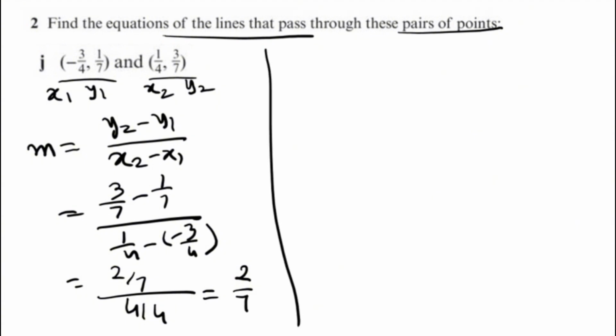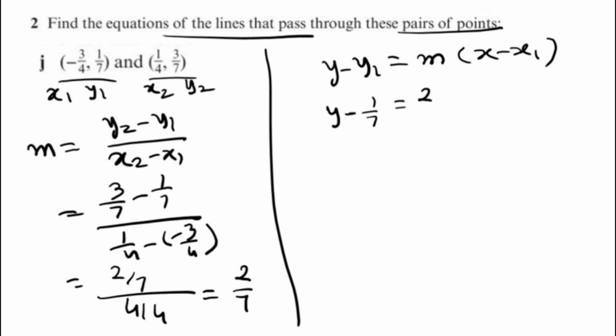So this is the gradient for these two given points. Now we can use the equation of line: y minus y1 is equal to m into (x minus x1). Now which coordinate can we use as (x1, y1)? You can choose any of the coordinates, that doesn't matter. So I am choosing the first coordinate, which is 1 over 7. My gradient is 2 over 7 and x minus 3 over 4.